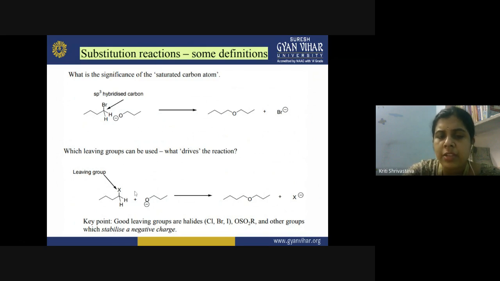So if your leaving group is able to hold this charge, in that case, it becomes a good leaving group. So the basic requirement is that your leaving group should be able to stabilize the negative charge. These halide ions are able to stabilize the negative charge because they have very high electronegativity, and all the other groups which are able to hold this charge form a stable or good leaving group.